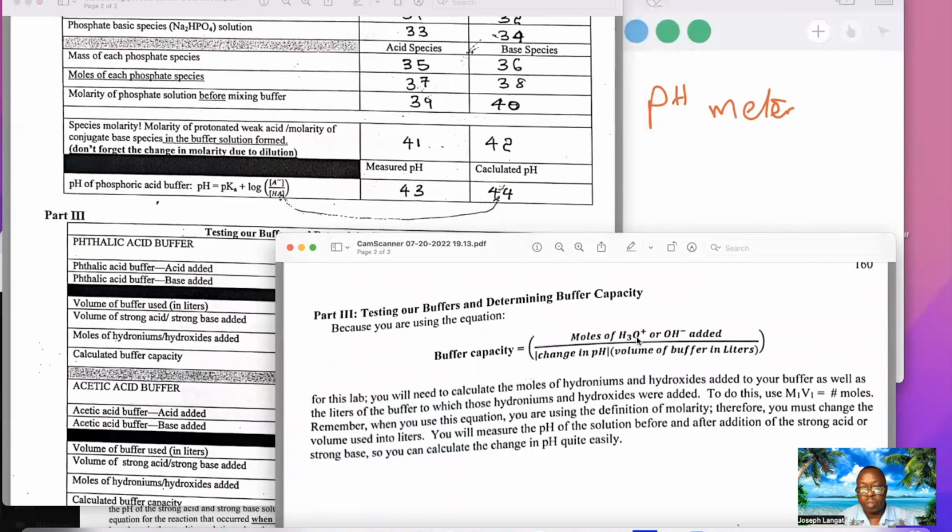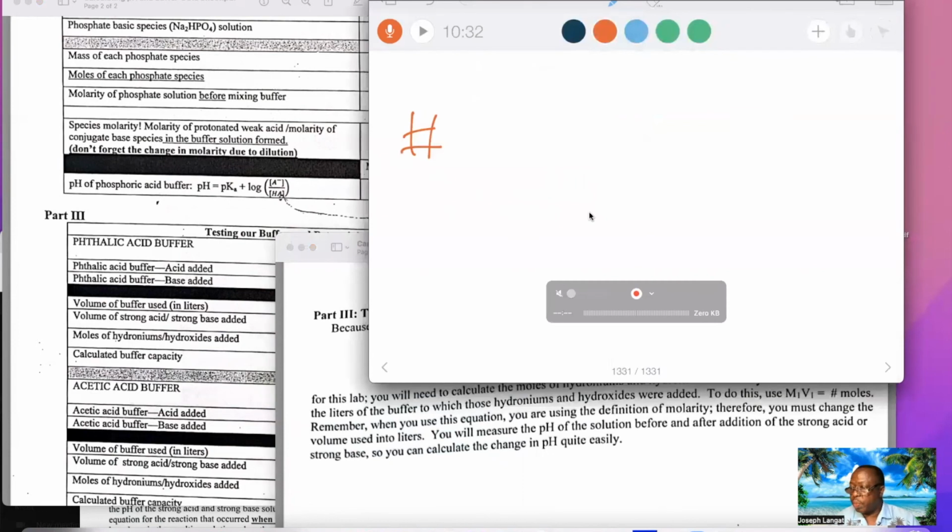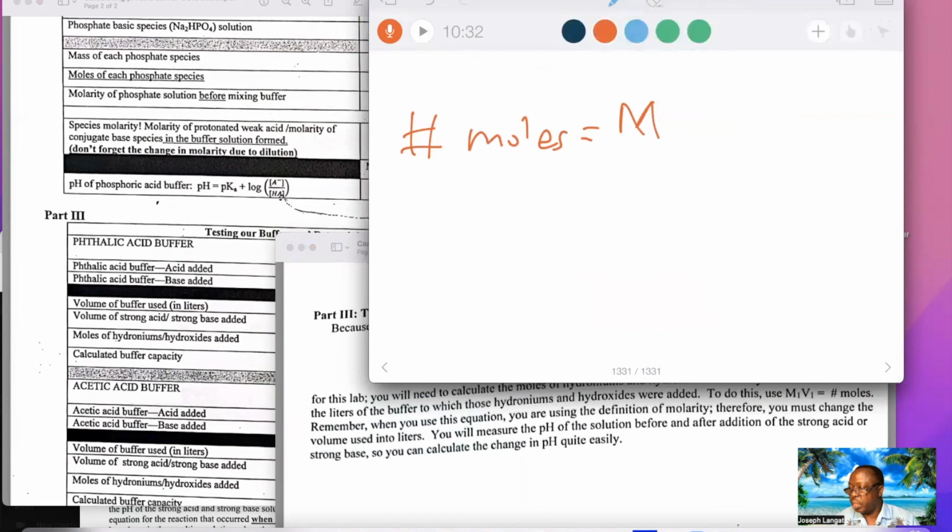acid used, number of moles of hydroxide added. How do you get the number of moles? Please remember how many mL you used before you noticed the change in pH. Number of moles, all right? Number of moles is given by molarity times volume in liters.